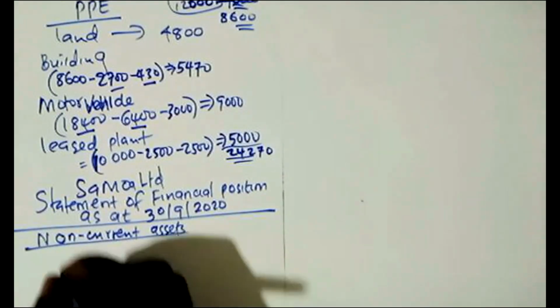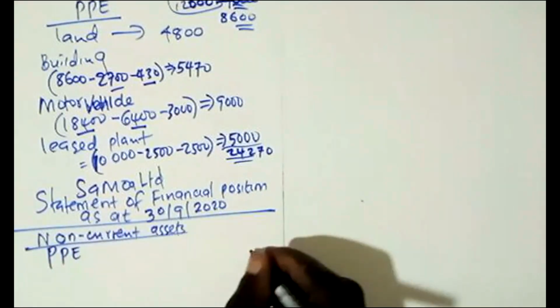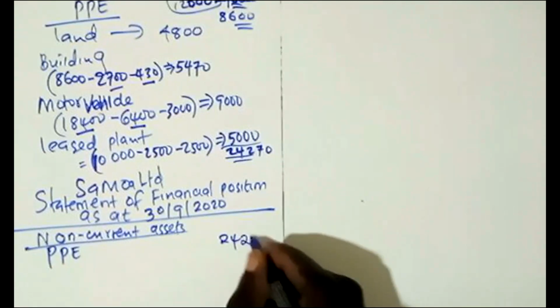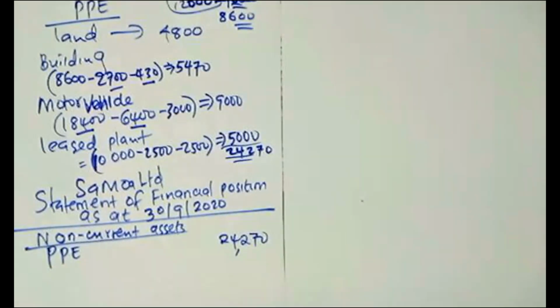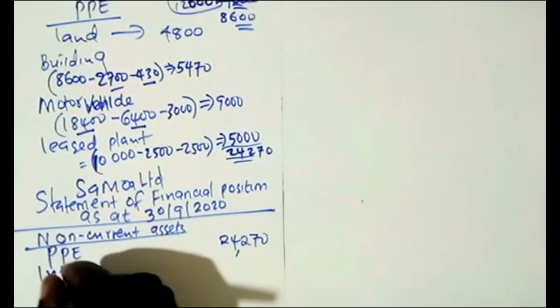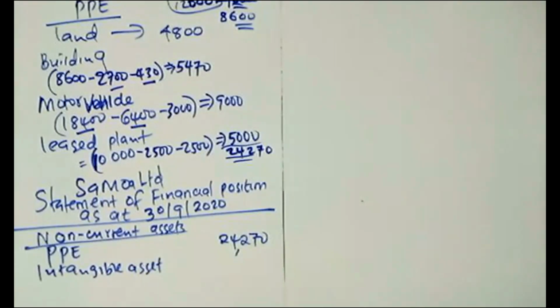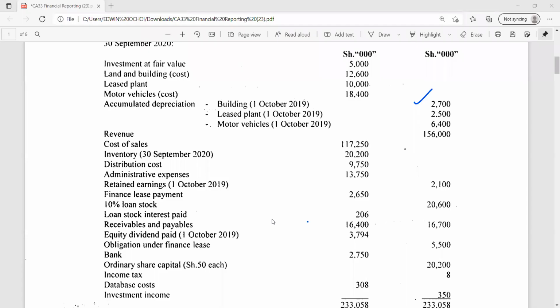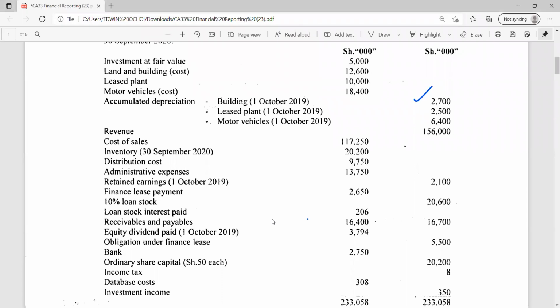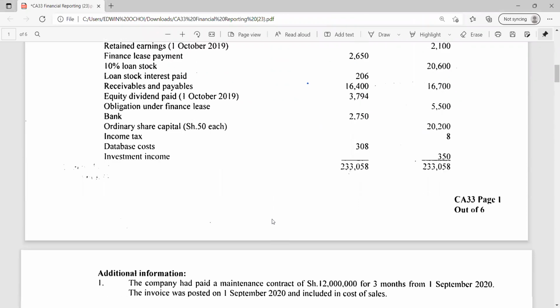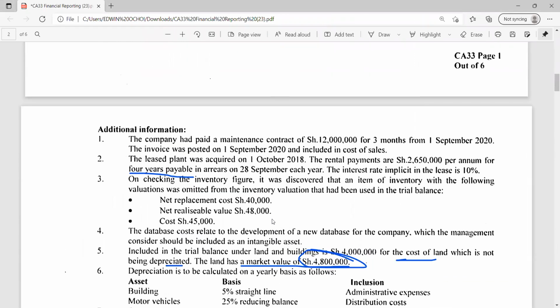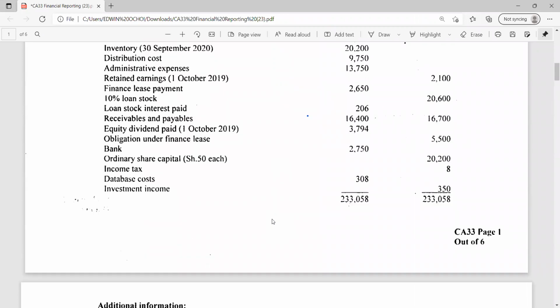For the non-current assets, we have the PPE, 24 70. We have the intangible assets. Which intangible asset will I record here? Database. They said that in the additional information, number 4. I think now I can see the students who are careful of what we are doing. So the database value is 308.